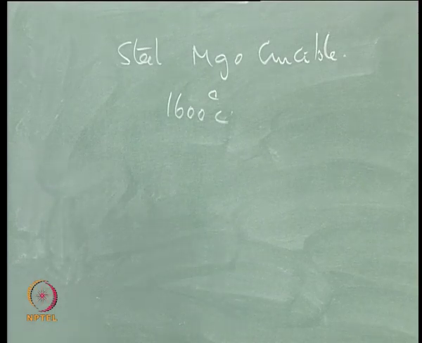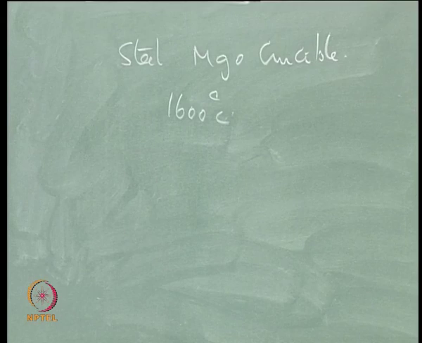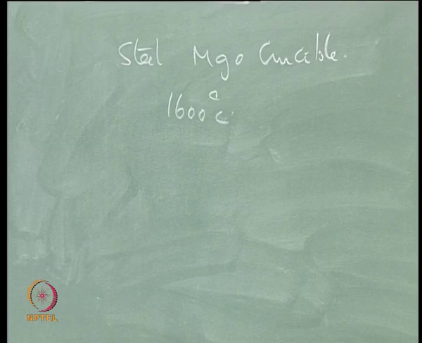You want to know whether this magnesia crucible will be intact at that temperature, or will it dissociate into magnesium plus oxygen. If it dissociates, obviously you cannot melt the steel in that crucible, it is no more stable.